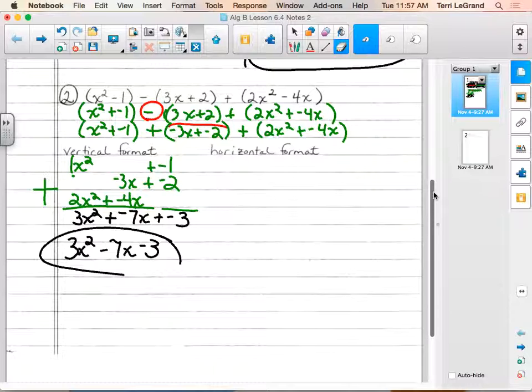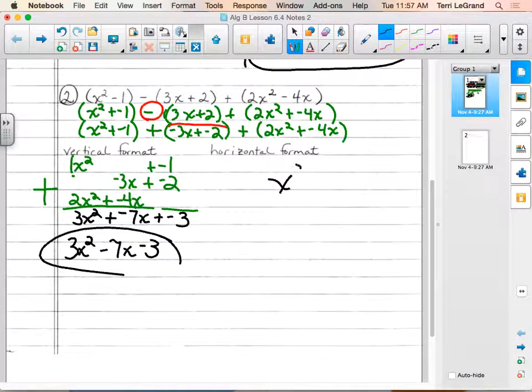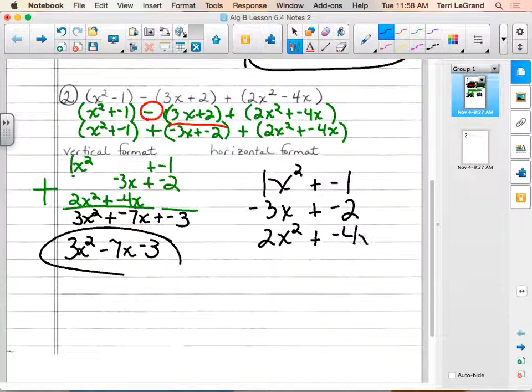Because if I lined it up like this, Emerson, x squared plus negative 1, and then I lined up the next one, negative 3x plus negative 2, and then the next one underneath, 2x squared plus negative 4x, and I tried to add those together. How would that work? Does it look good?